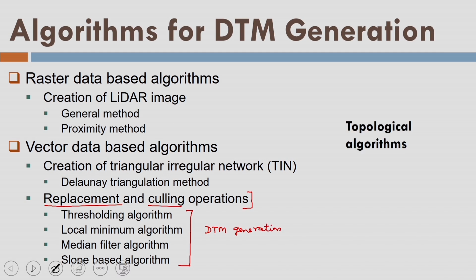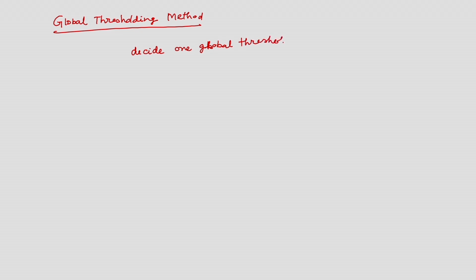So, the first method is the global thresholding method. In this method we decide one global threshold on Z values.